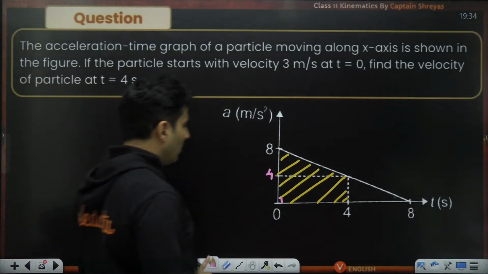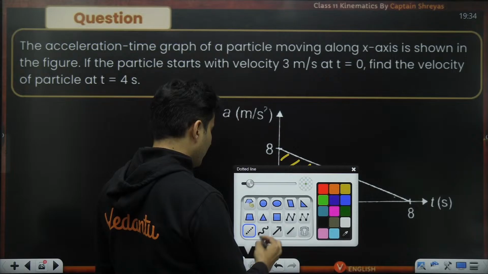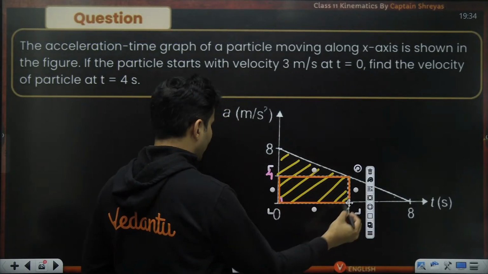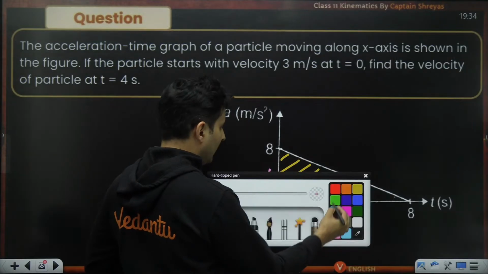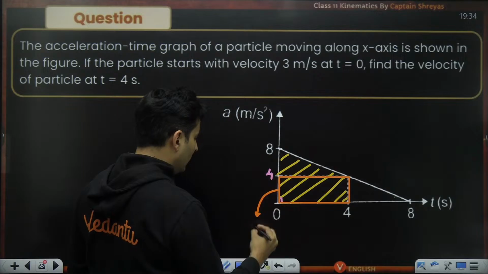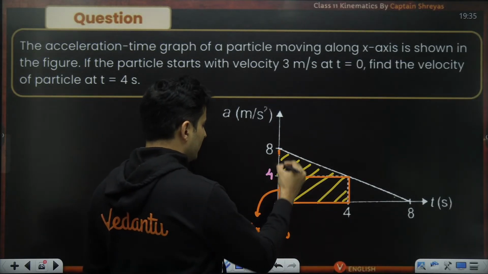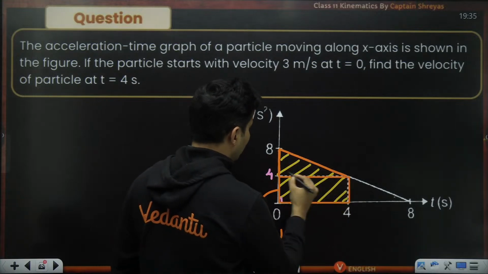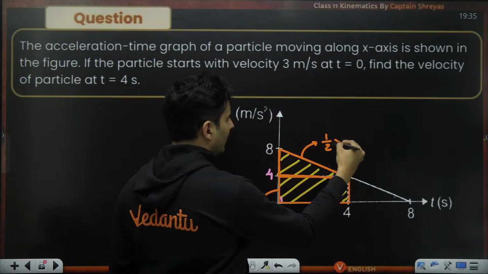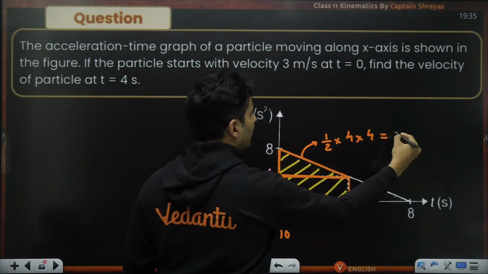Now, the area of the rectangle over here will be breadth into length. So 4 into 4, which is 16. The area of the triangle over here is half into the base into the height, that is 8.